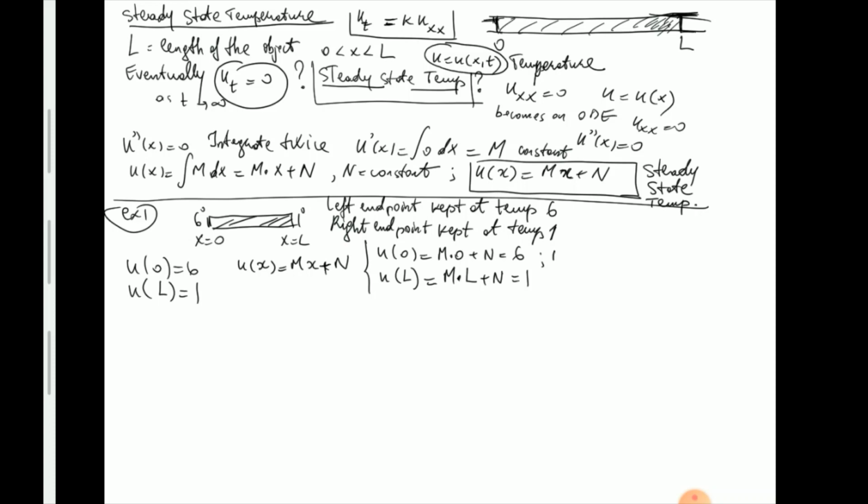From the first equation, we get that n equals 6. We substitute it in the second equation, and m is equal to minus 5 over L. So the steady state temperature will be minus 5 over L times x plus n, which is 6.